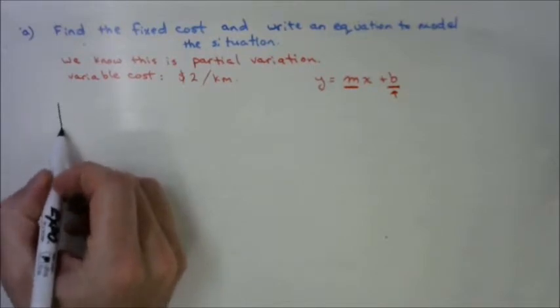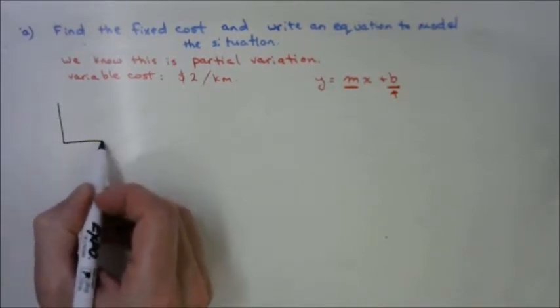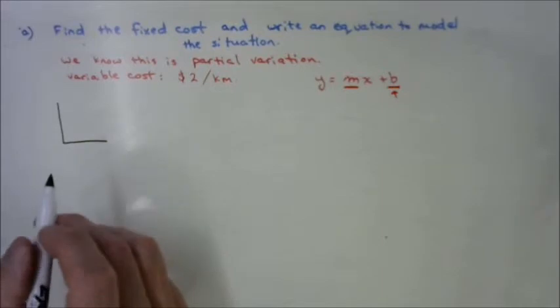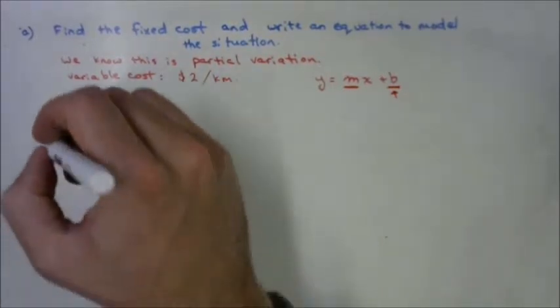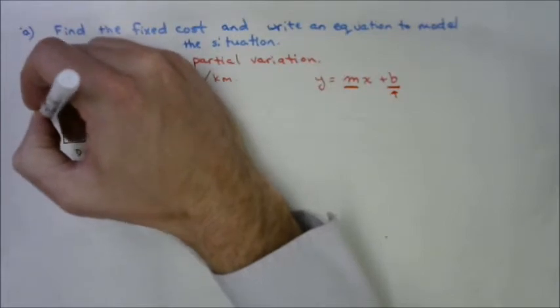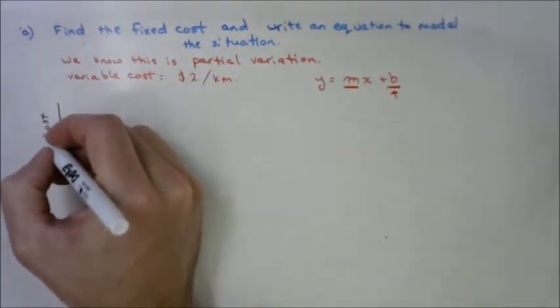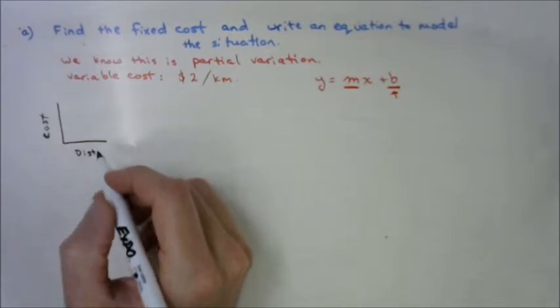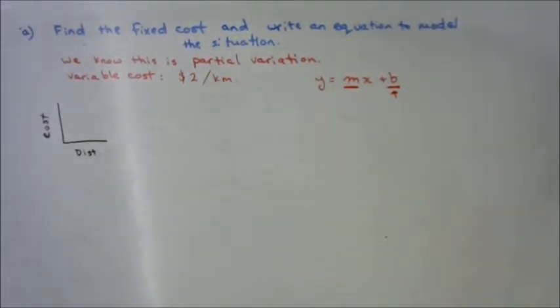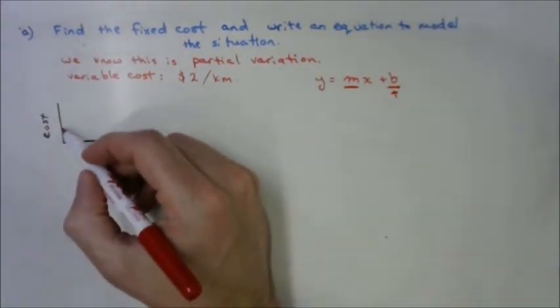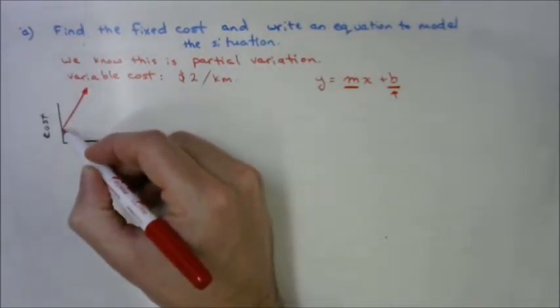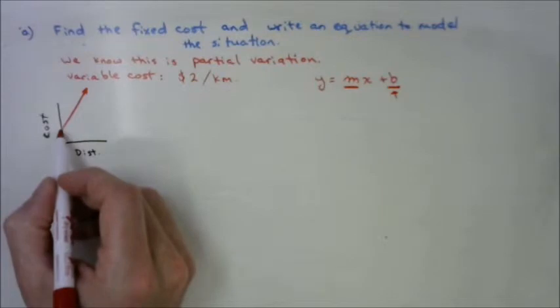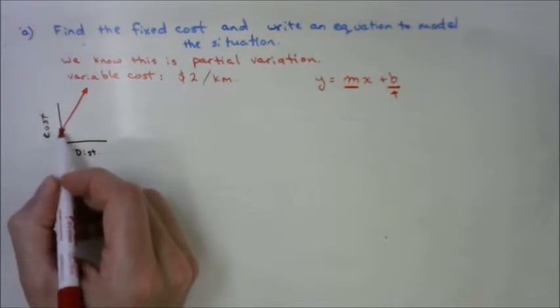Basically, this situation, guys, is going to create a graph that is distance and cost. Right? She's going to pay based on the distance that she travels. It's going to be a straight line with a slope of 2, and we're trying to find this point right here.